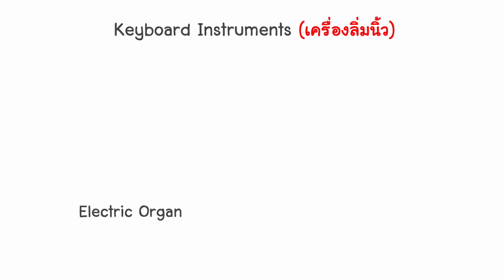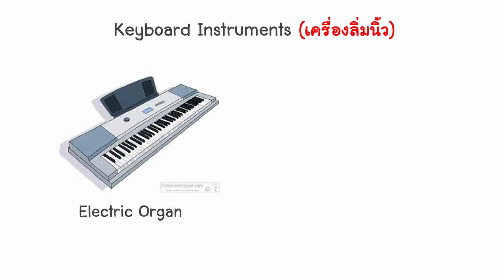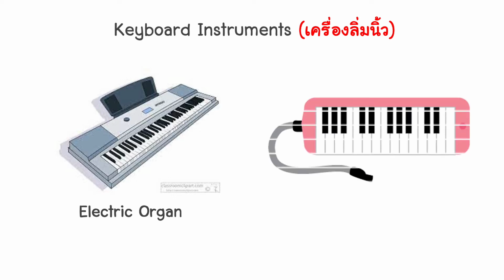And then another one is the keyboard instruments. For the keyboard instruments, we have the electric organ, and then also the melodeon. So these are the keyboard instruments.